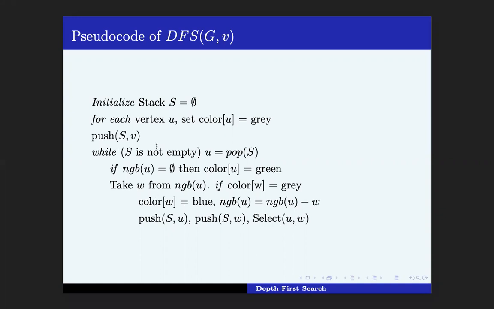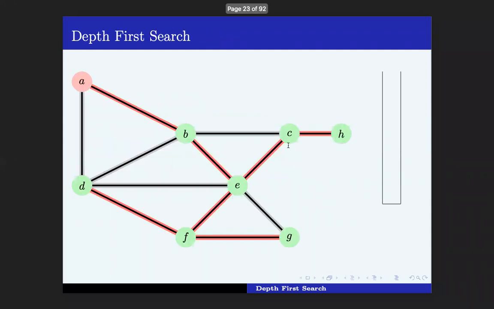So while it's non-empty, you first pop the stack. Look at the topmost element in the stack. So that is where I am now. Okay, what is V? V is the A here.